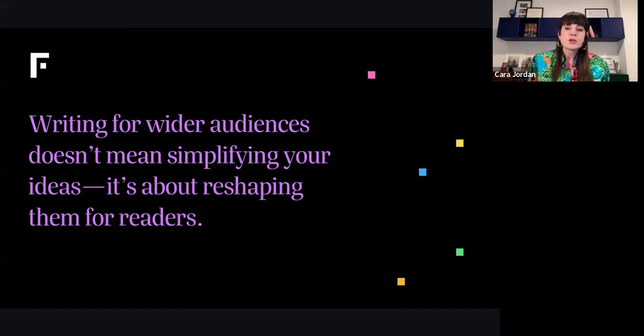But the real work is in reshaping it, deciding what comes first, what can wait, how a reader encounters an idea for the first time. All of that goes into shaping a text for a wider or broader readership. This sentence isn't a judgment about the work, but it describes a different relationship to the reader. And that's the lens that we're going to be looking through as we review this topic today.